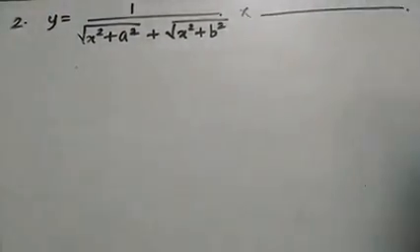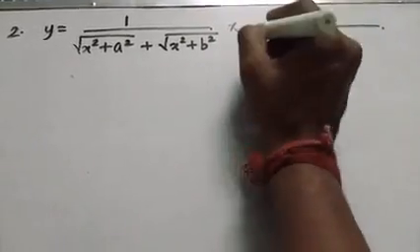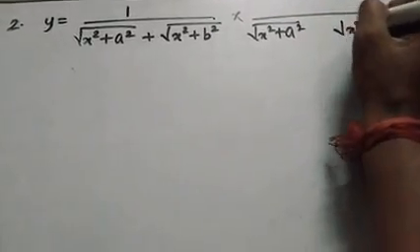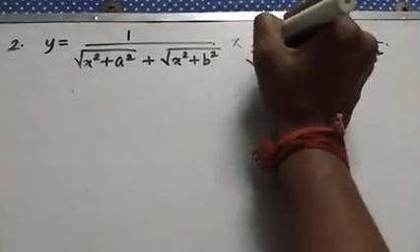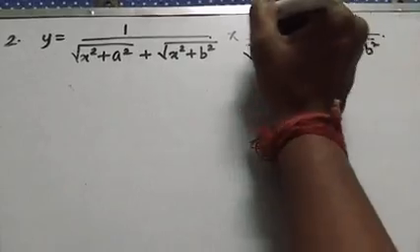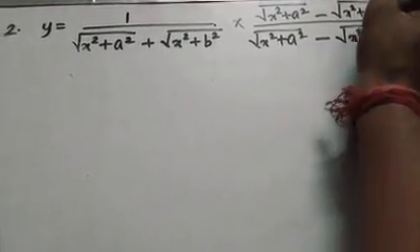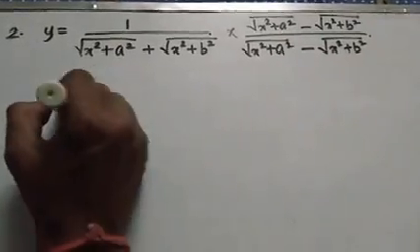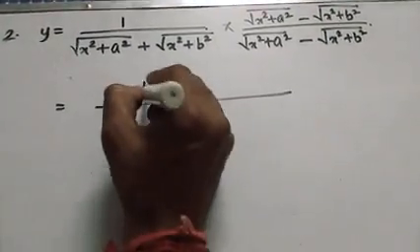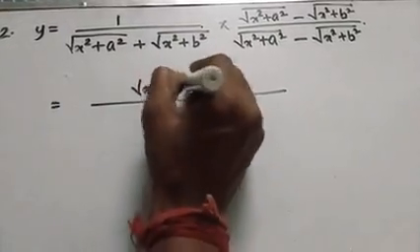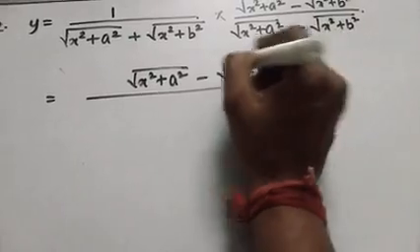Rationalizing means writing the same function but of opposite sign. So in the numerator part, 1 into this factor will be square root over x square plus a square minus square root over x square plus b square.